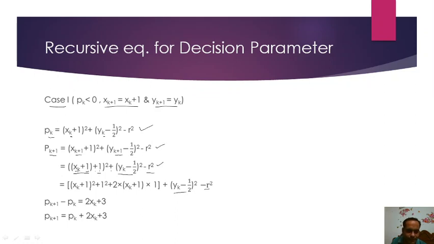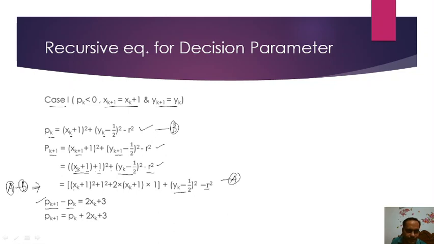So after a bit of simplification, when we subtract these equations, call this one A and this one B, A minus B gives you this parameter pk+1 minus pk.